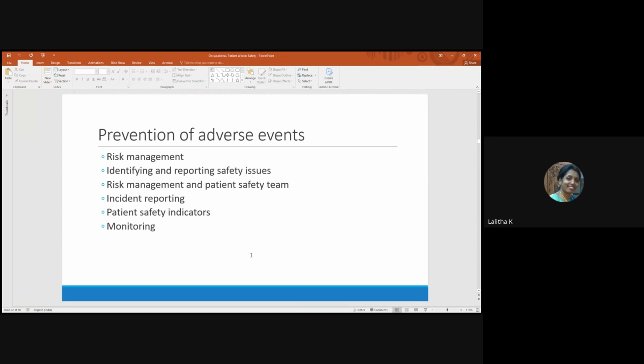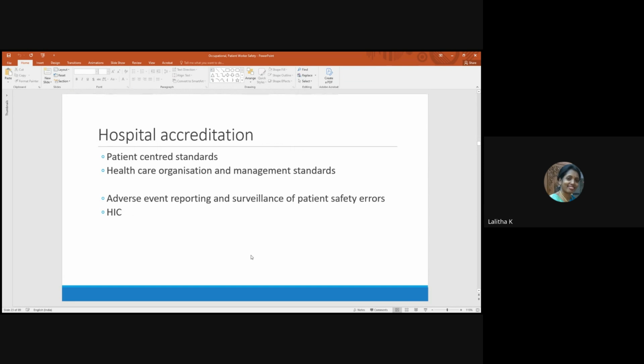So, how do we prevent adverse events for the patients especially? First is risk management, identifying and reporting safety issues, a patient safety team, and incident reporting. I'll come to this a little later. For all your hospital accreditation, this is one of the important standards we are looking at. Patient-centered standards are given very good importance, as part of the healthcare organization management standards.